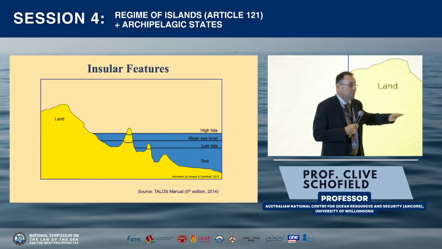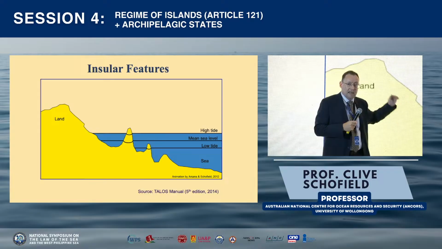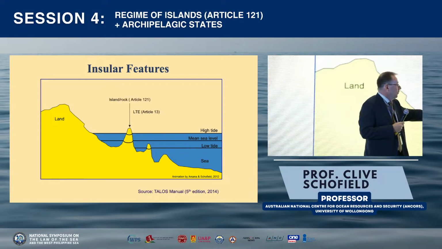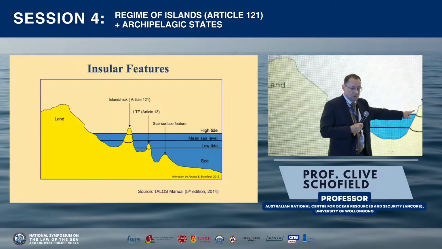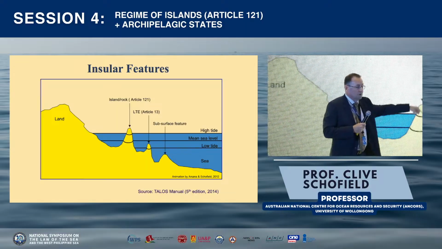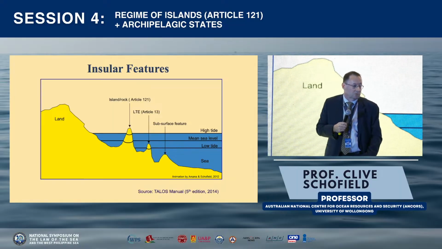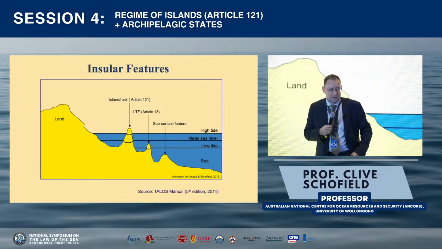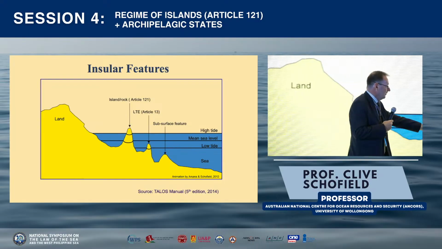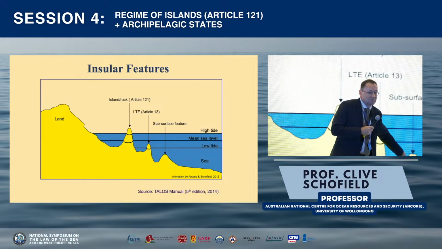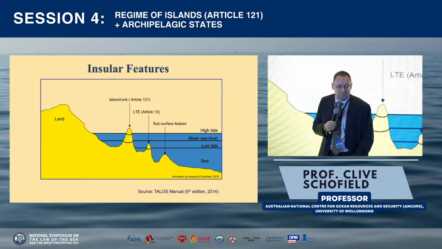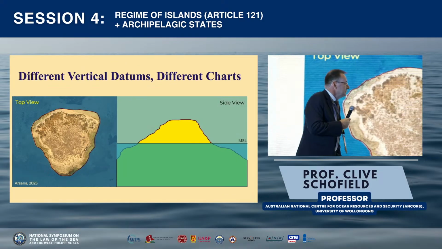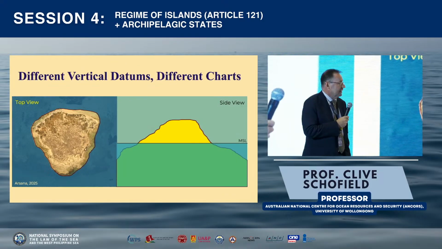So you need to know both the location of the low water line and the high water line in order to determine, next please, what counts as an island and rock under Article 121, what counts as a low tide elevation under Article 13, that is covered at high tide, uncovered at low tide, or what simply counts as a feature of the seafloor of whatever zone it happens to be in, territorial sea or continental shelf.